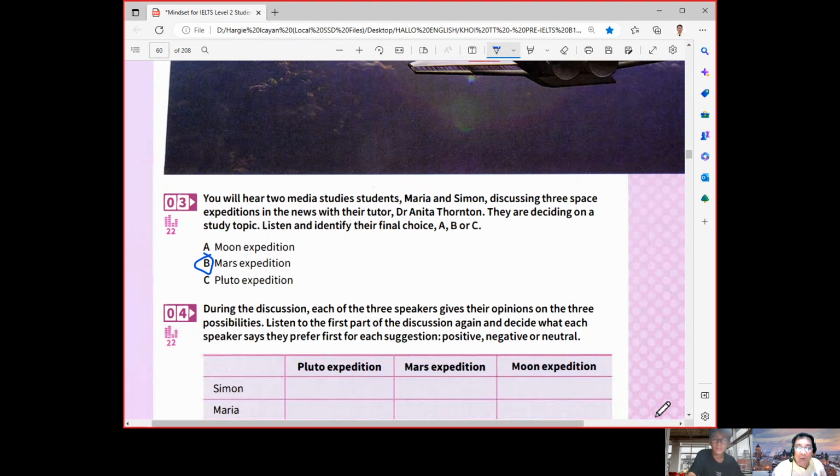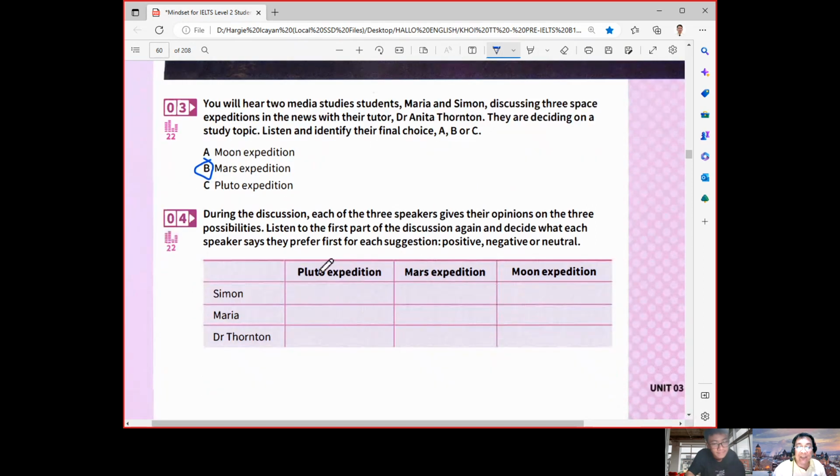Now, tomorrow is Sunday. We do have class. So we will continue discussing this one, Khoi, and we will hear them again. And we will decide if the speakers say positive, negative, or neutral.